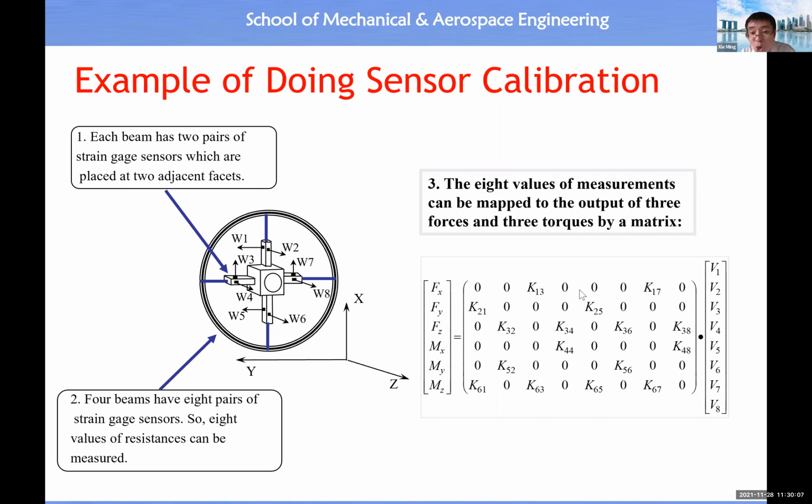So this is called a calibration matrix. So in practice, you can treat the 0 as another element, a coefficient, so that means by a calibration process, then we will know this matrix. Once we have this matrix, then we have the sensor, which should output the exact value for force and torque. All right, so this is the mathematical detail about the calibration of a force torque sensor.